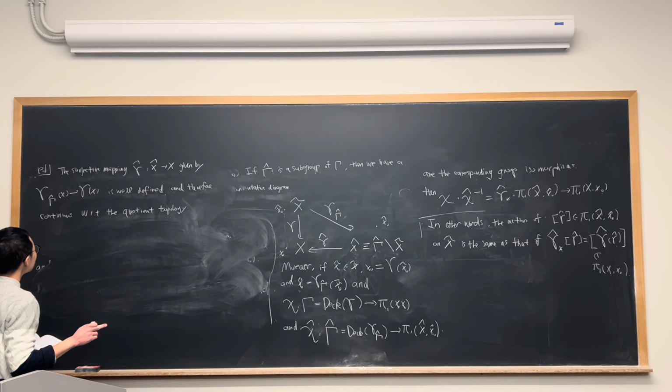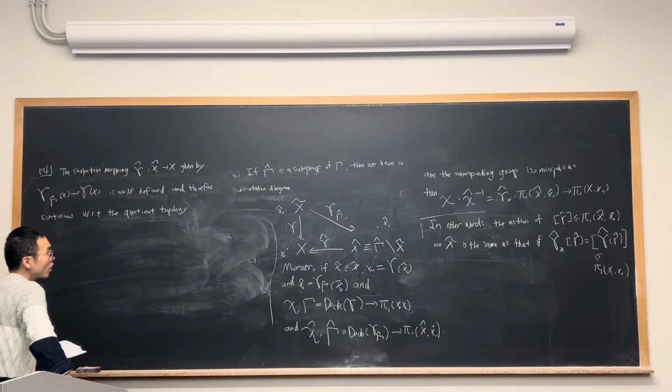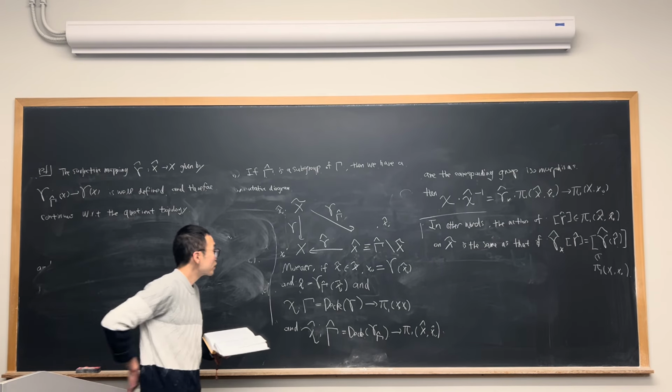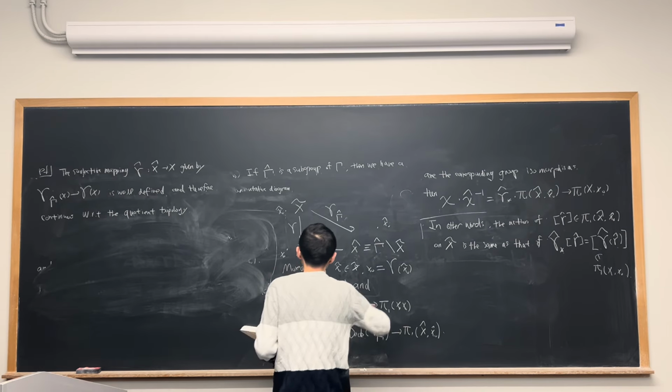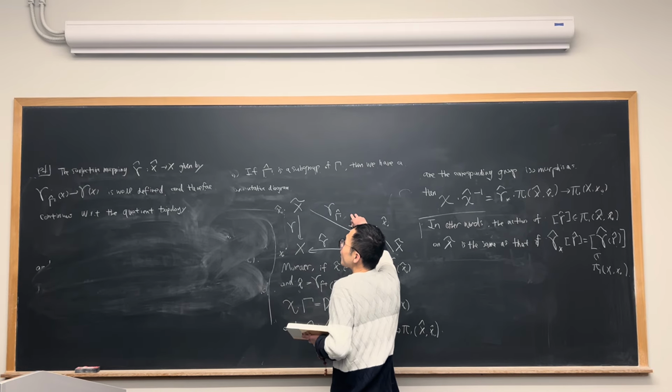So why is it continuous with respect to the quotient topology? We know that this is a continuous map, right?